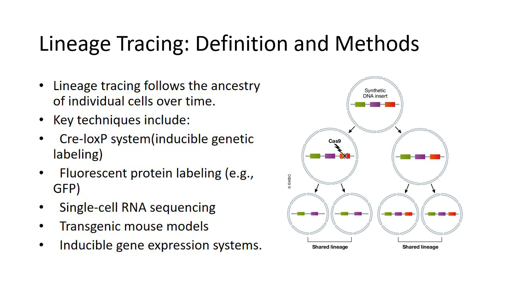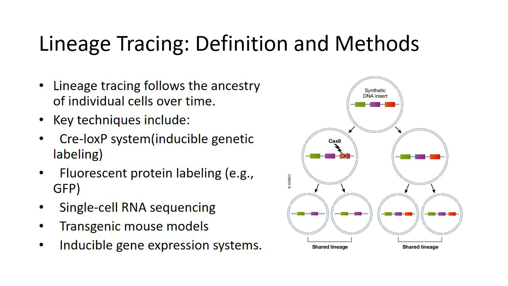This allows researchers to track the descendants of those cells as they differentiate into various tissues. Inducible systems like Tet-on/Tet-off can be used to control when the lineage tracing marker is activated, allowing precise control over cell labeling at specific developmental stages.